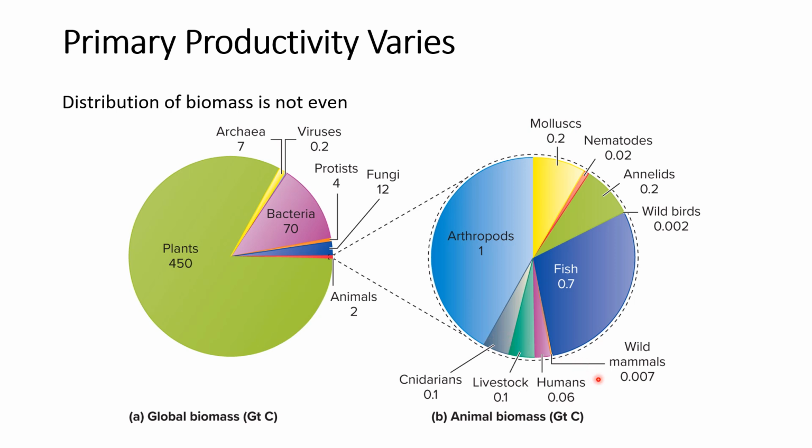Now, an interesting thing to note here is if we take a look at wild mammals and wild birds and add those numbers up, notice that the number of wild animals out there has less global biomass than our livestock, what we're raising on farms and such, right? And of course, here is humans. We make up a very, very small piece of the pie, but probably even more than we should, right?